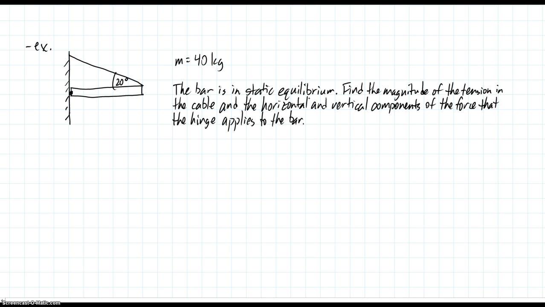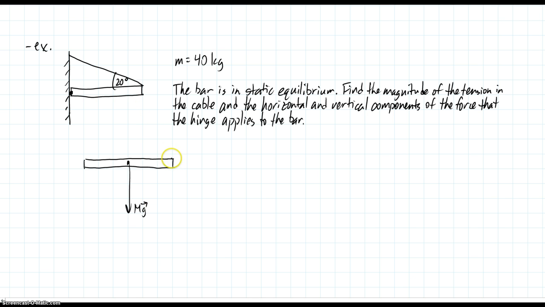To see why there must be a force being applied by the hinge, let's look at the other forces that we know are being applied to this bar. And just like in the previous problem, we will assume that the thickness of the bar is small enough that we can safely ignore it. We know that we have the weight of the bar pointing down at its center.